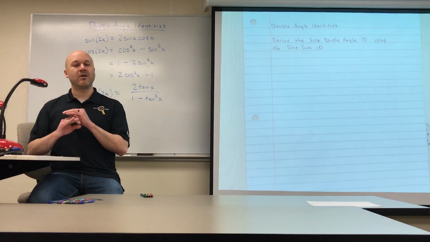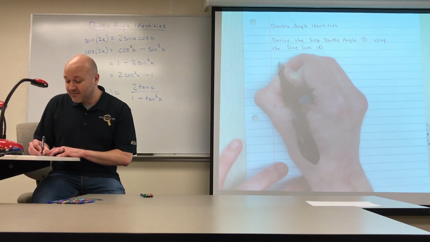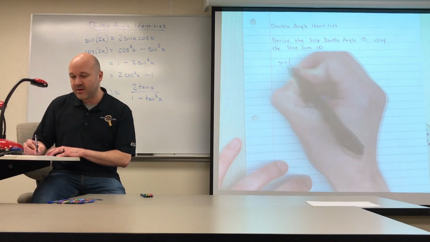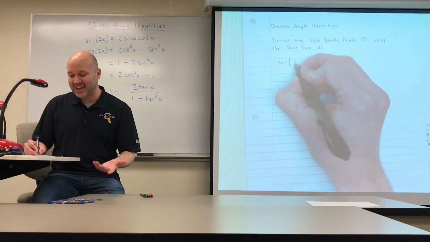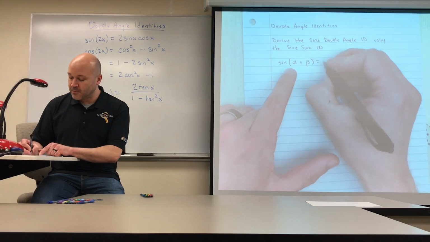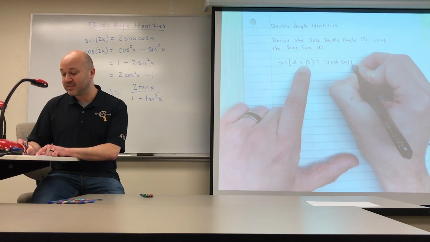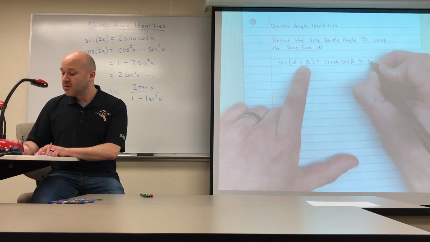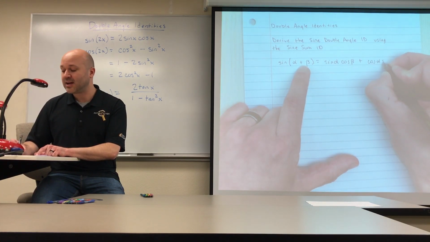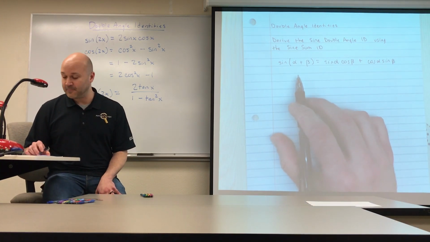I'll just start off with something we already know, the sine sum identity. If I have sine of the sum of two angles like alpha and beta, that's equal to sine of the first angle times cosine of the second plus cosine of the first angle times sine of the second angle. That's just the sine sum identity.